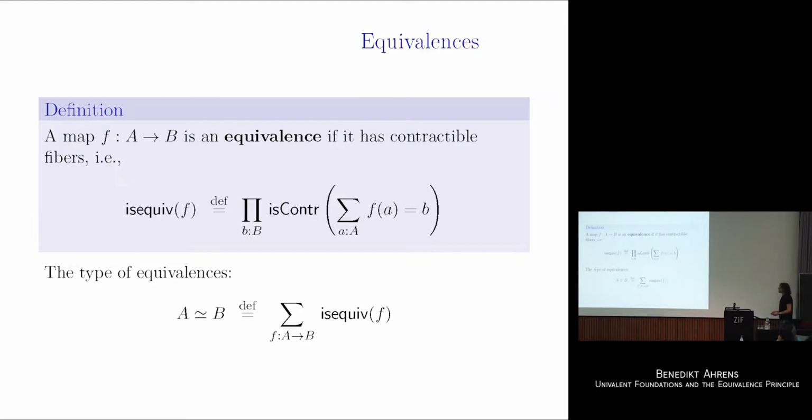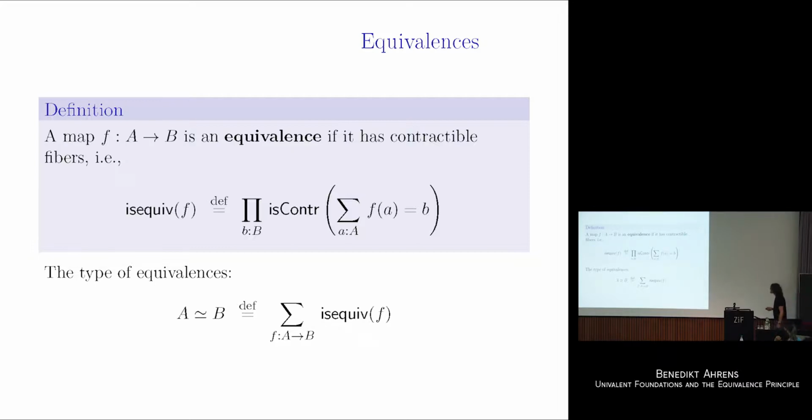In order to talk about an equivalence principle, I need to fix a notion of equivalence. And of course, for every kind of object that we consider, there's a different notion of equivalence. This is one appropriate notion of equivalence of types. So if A and B are types, then a function f from A to B is an equivalence if it has contractible fibers.